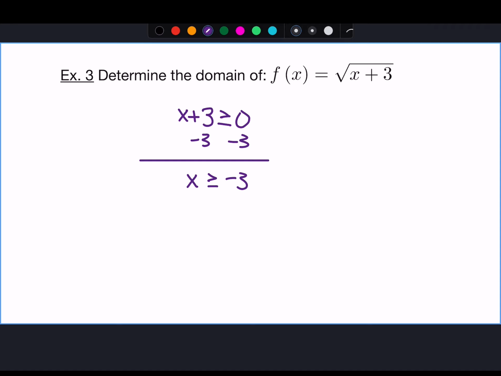So what would that interval be? What would our domain be? It's all of the numbers bigger than or equal to -3. So the equal to gives us a bracket. -3 to infinity.